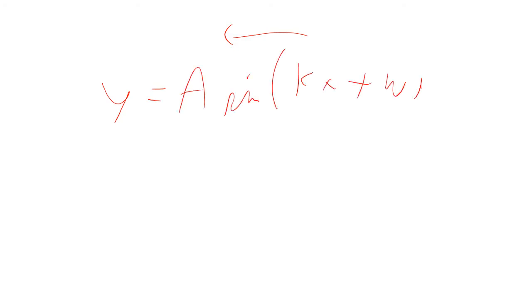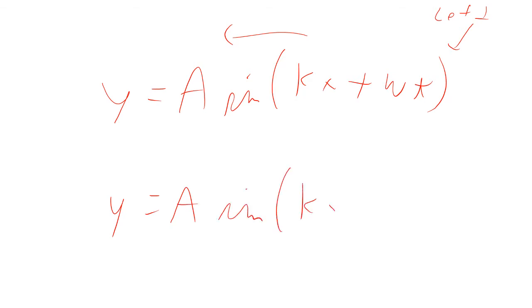So what would a harmonic wave moving to the left look like? Well, that would be y equals A sine kx plus omega t. So that's moving left, and y equals A sine kx minus omega t is a wave moving to the right.